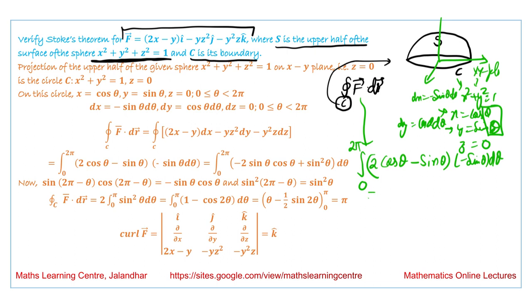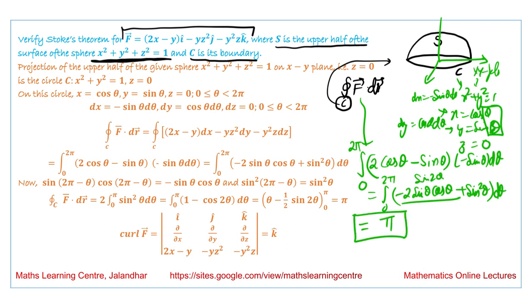On solving this, we obtain the integral from 0 to 2 pi of minus 2 sin theta cos theta plus sin square theta d theta. Integrating this, with sin 2 theta, we obtain the final answer as pi. So the value of this integral is equal to pi.